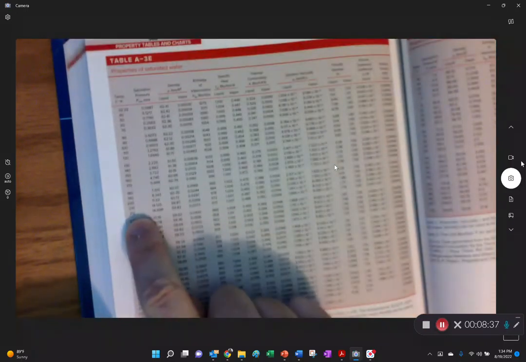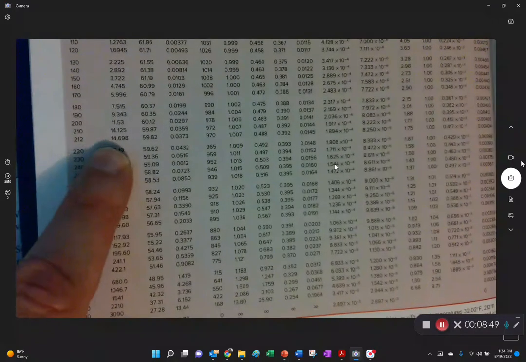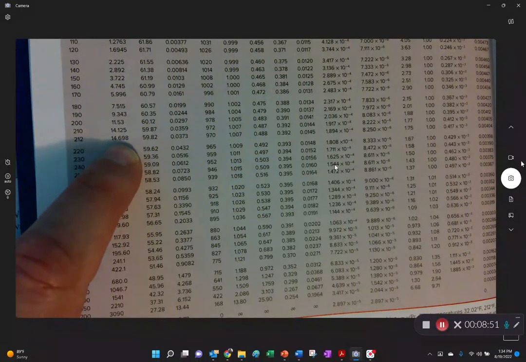I write notes to myself in it. But yeah, 212 degrees, they have that right there, right? So that's, let's see, get that big enough so you could see it. If you could focus, 212, come on, focus, is the vapor pressure 14.698, right?